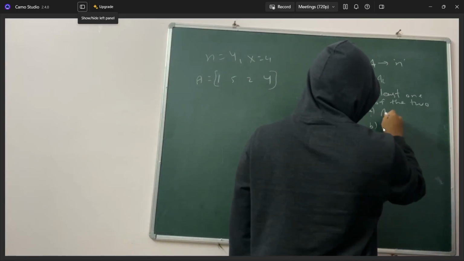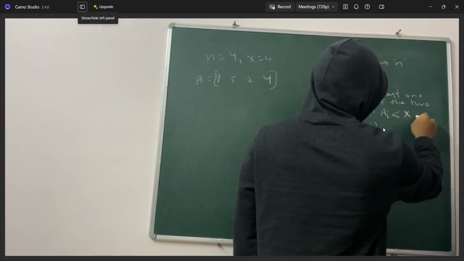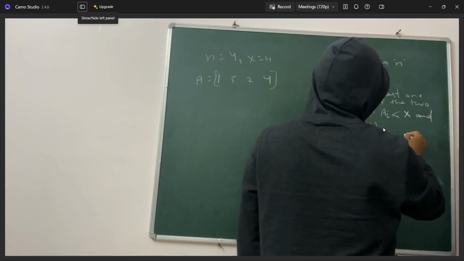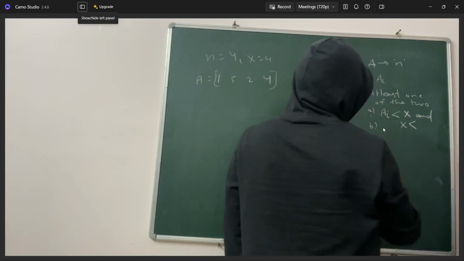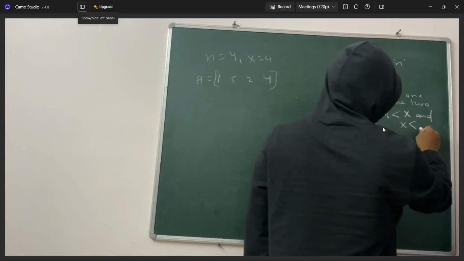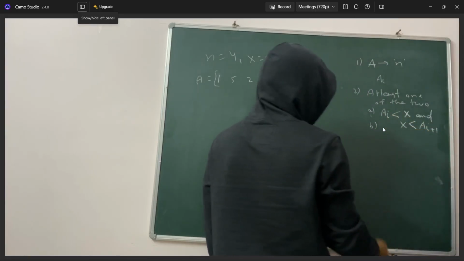When you see array element A[i] strictly less than x, and x strictly less than A[i+1], where i and i+1 are adjacent elements.